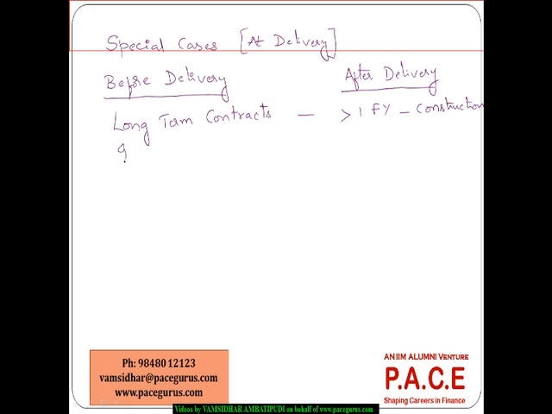Then we look at installment sales, when the company has promoted selling a particular good or service on an installment payment basis. And if there are barters, how would I typically treat them? And when do I go with gross versus net reporting? These are some of the special cases that I am more interested in seeing.